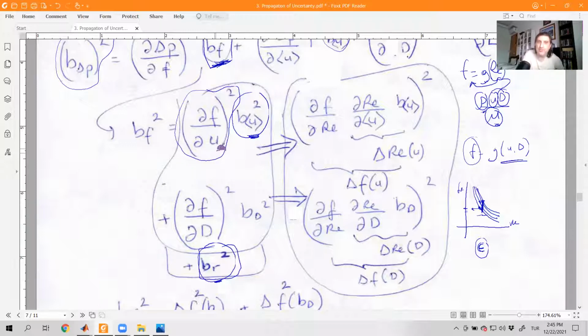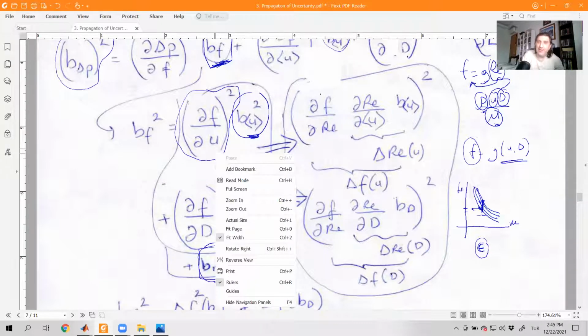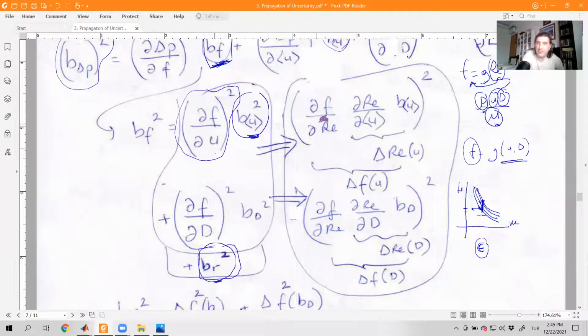So it is how the Fanning friction factor changes with respect to Reynolds number, and how Reynolds number changes with respect to U times B_U. Therefore, it's just an application of the chain rule.